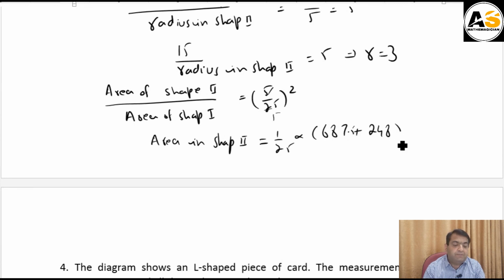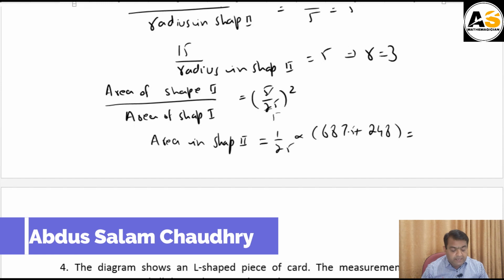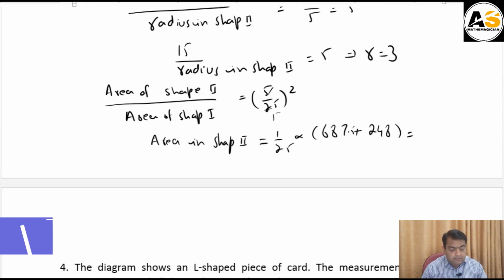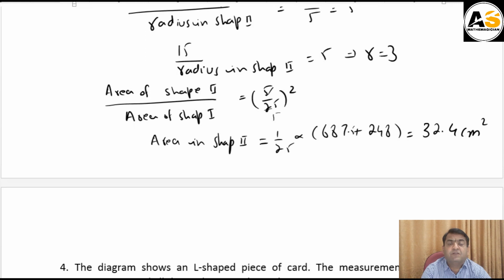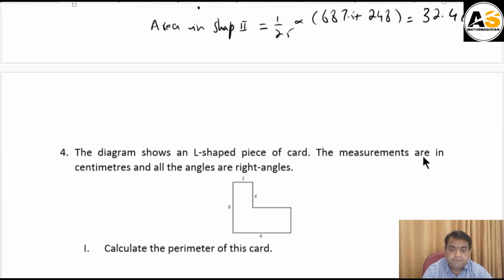When we simplify this, we will get the area of shape 2 is equal to 932.4 centimeter square. In the last two parts of this question, we use the concept of similar shapes.